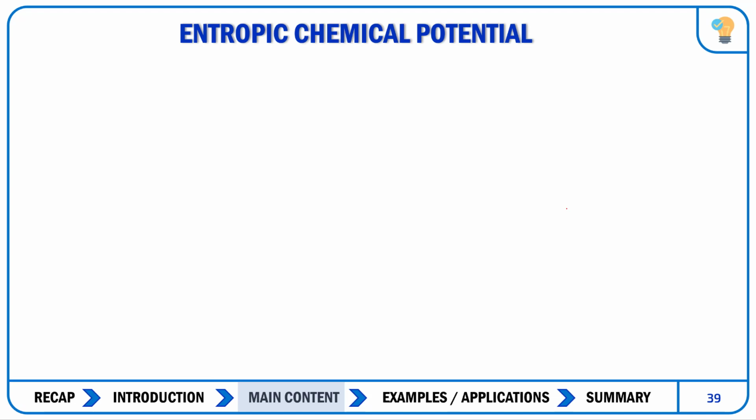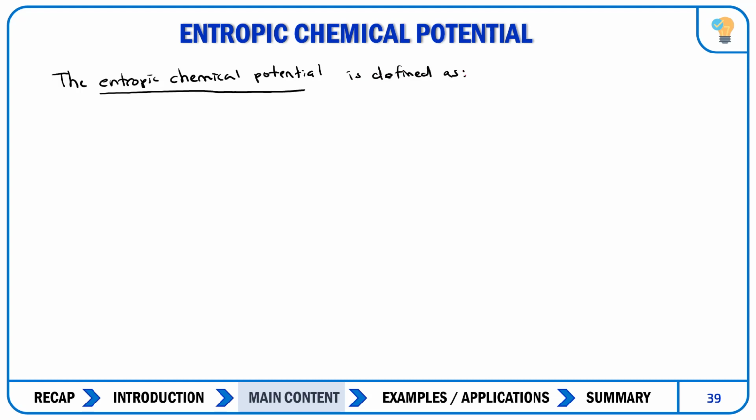Next, we want to take a look at the entropic chemical potential. So let's first define what this is. The entropic chemical potential is defined as follows.